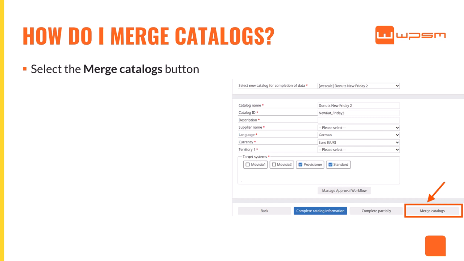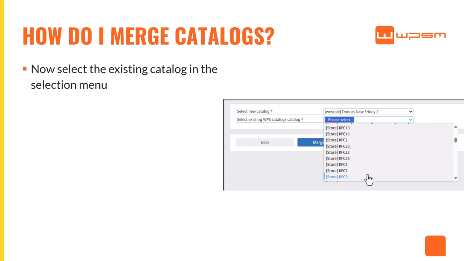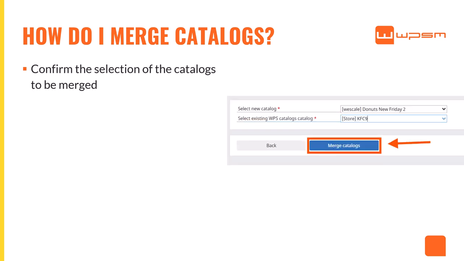In the wizard for catalog completion, do not select the option to complete the catalog, but instead choose the button to merge. In the following wizard, you have a drop-down list where you can see all WPS catalogs that can be filled in. Now, select the already existing catalog. After making your selection, you will now see the new catalog and the existing catalog in the system.